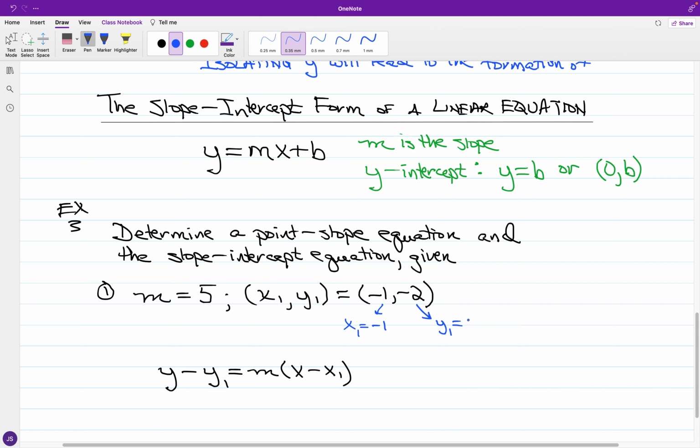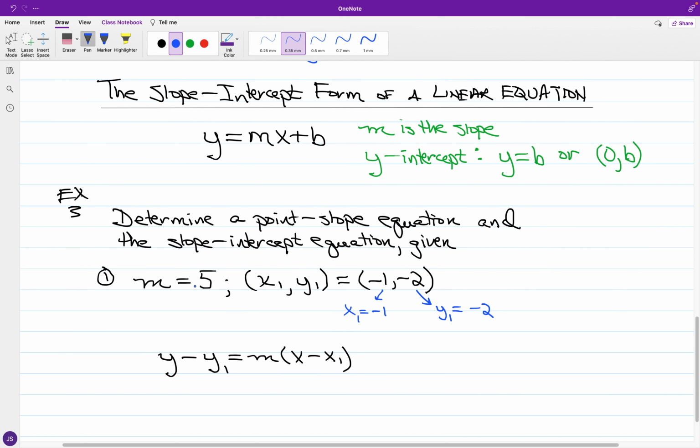Since the second coordinate is in terms of y, y1 is equal to -2. So we have the slope m at 5, x1 is -1, and y1 is -2, and substituting accordingly: for y minus y1, we have y minus -2, and we have the slope m, which is 5, and for the quantity of x minus x1, we have x minus -1.